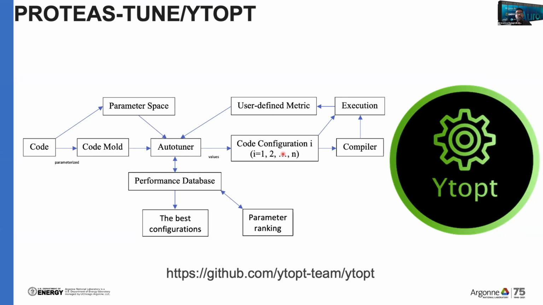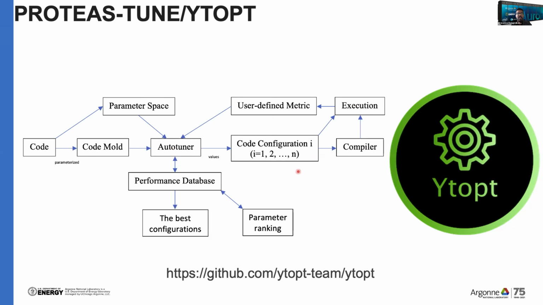It generates different code configurations, and for each configuration, it compiles the code, executes the code, and computes the metric. This metric is often, let's say, a runtime or some other performance metric, and it is given back to the autotuner. Based on the values that it receives, the autotuner generates the next set of configurations and performs compilation, execution, and metric evaluation, and so on.